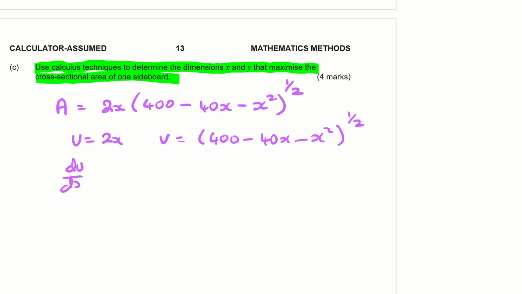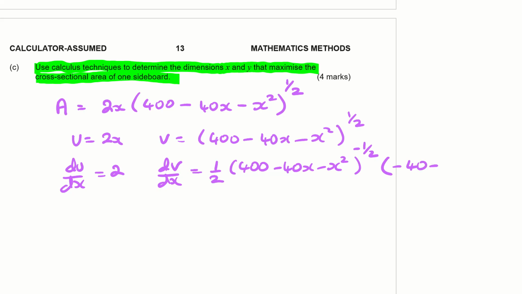So du dx is equal to 2, and dv dx is going to be a half of 400 minus 40x take x squared to the negative a half, multiplied by the differential of the inside, which is negative 40 take away 2x. And so what we get is negative 20 minus x.